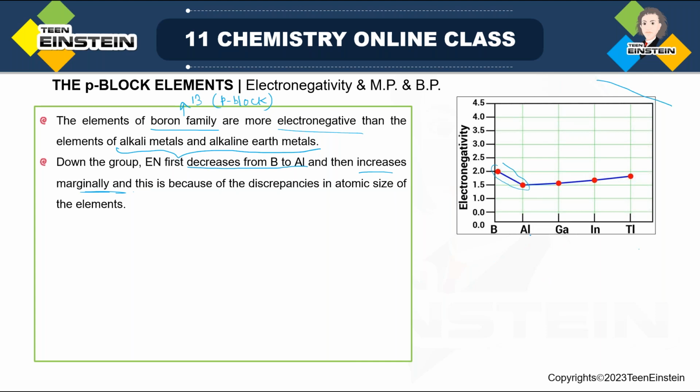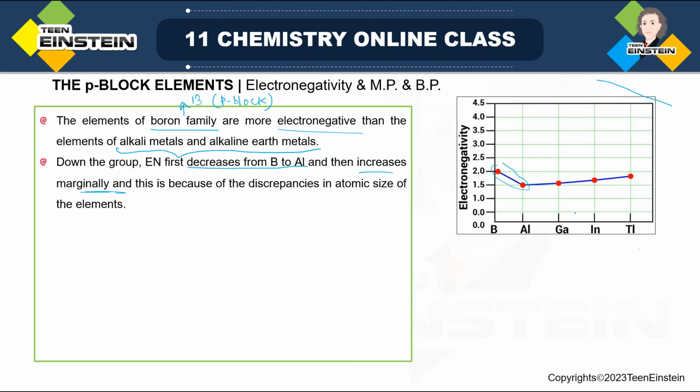But then again it increases, though the increase is not very high, because it is not increasing due to metallic character suddenly decreasing. No, that is not the case. Obviously down the group metallic character increases, but because of this atomic size factor, and also remember the poor screening capacity of d and f orbitals, because of these factors, the normal trend of electronegativity decreasing down the group is not happening.